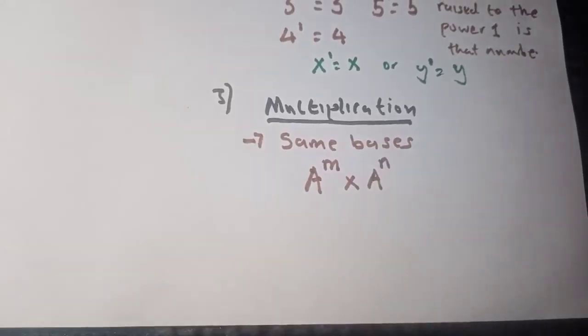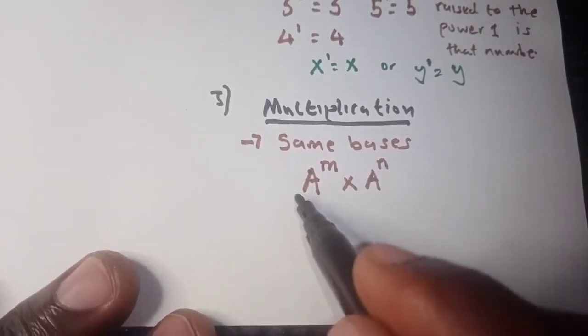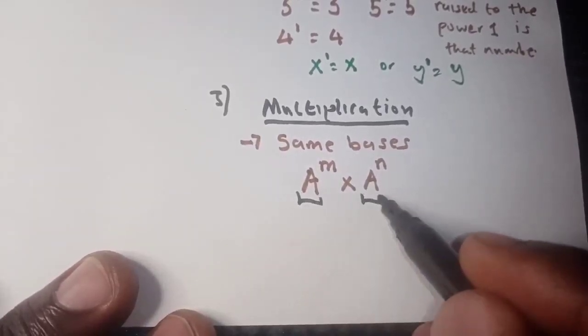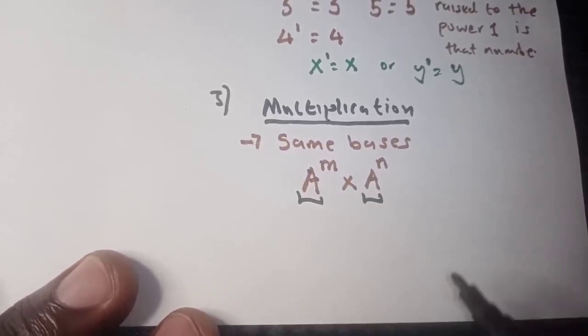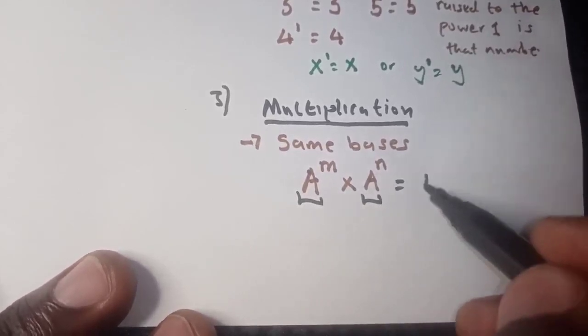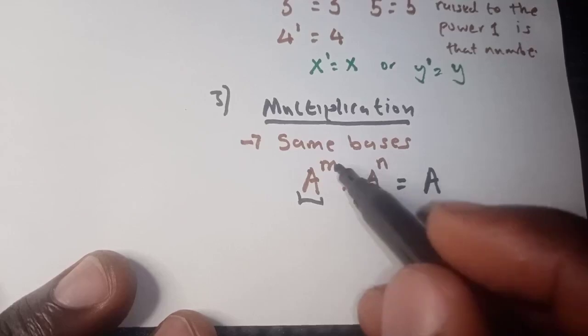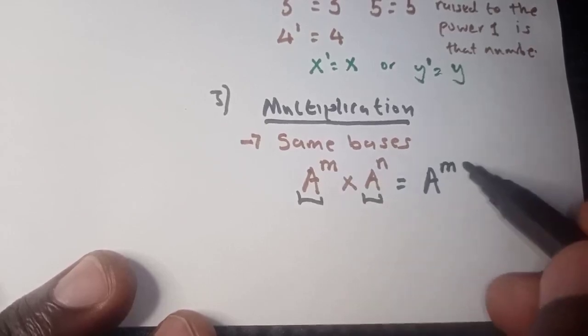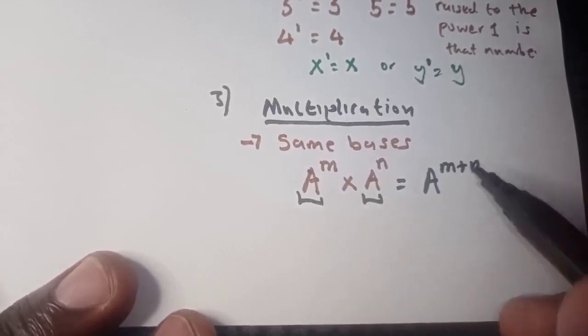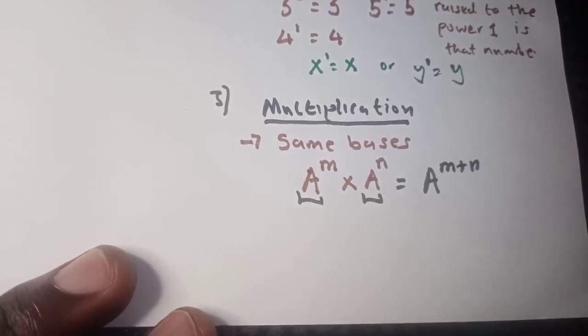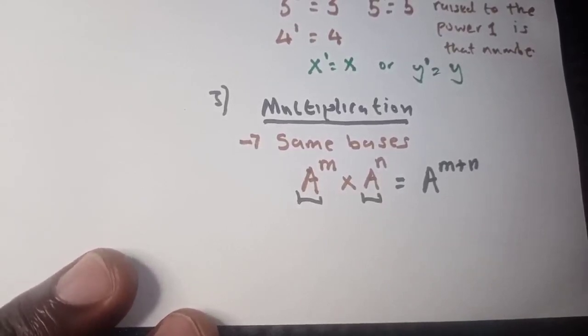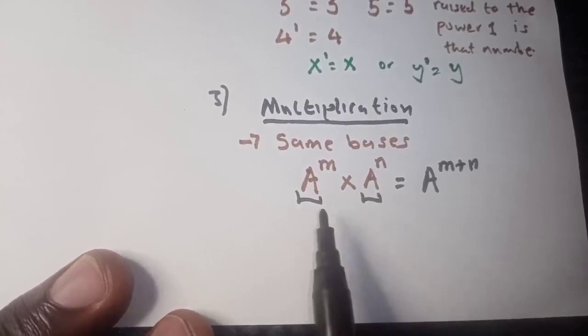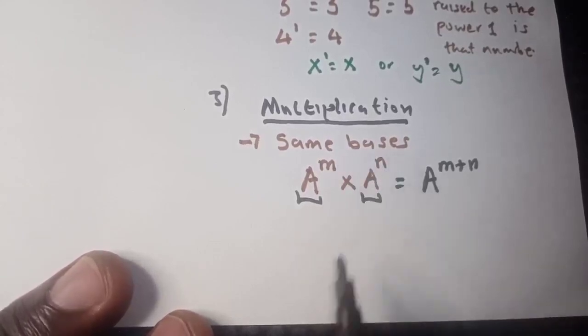Listen carefully. When you notice that you have the same bases, what you do here is get the base and add the powers, m plus n. Whenever you're multiplying the same bases, add the powers.